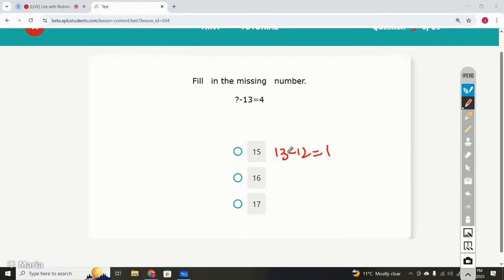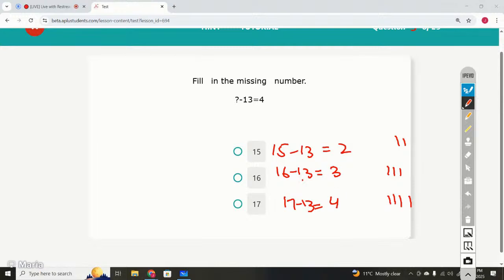Let's see, 15 minus 13. Start with 13, go up to 15: 13, 14, 15. 16 minus 13: 13, 14, 15, 16. So here we have 3. 17 minus 13: 13, 14, 15, 16, 17. So we have 4. Option number 3 is the correct option. 17 is the number that when 13 is subtracted from it makes 4.